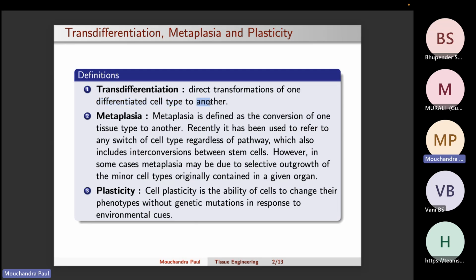So transdifferentiation, if you recall, is where a differentiated cell type transforms and becomes another differentiated cell type, like a fibroblast can transdifferentiate, if given proper environmental cues, to become, say, a chondrocyte.